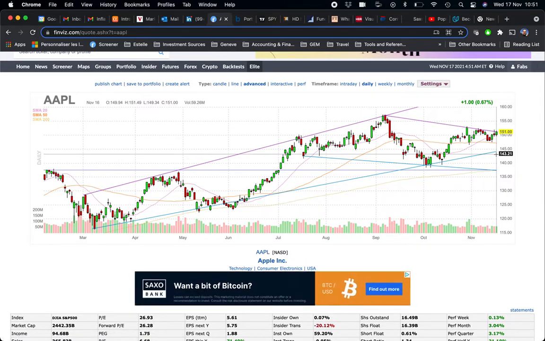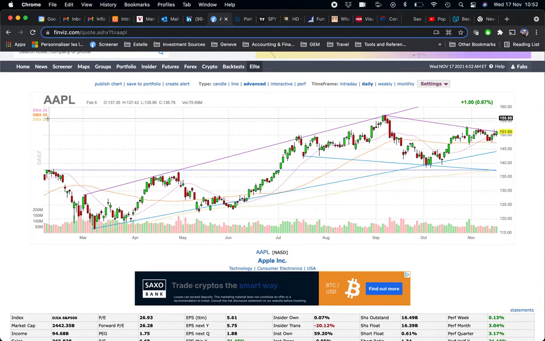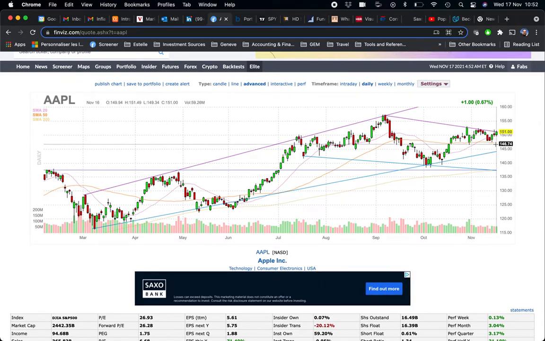The other stop loss, a little bit more aggressive, is to use this level. You see the level we have here, 146, 147, which represents the 50-day moving average. The orange line is the 50-day moving average. If the stock crosses below the moving average, I can close my position, and it's still making a profit.